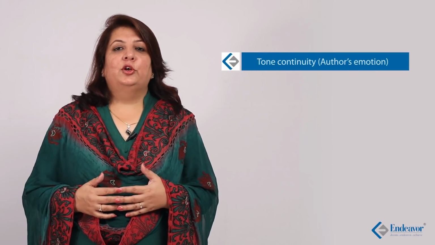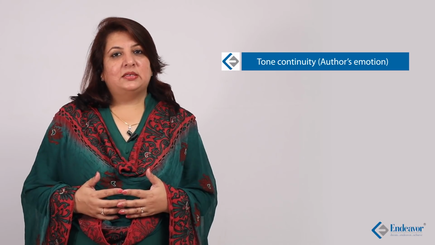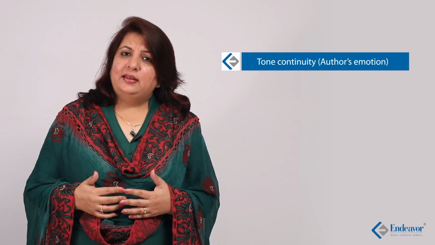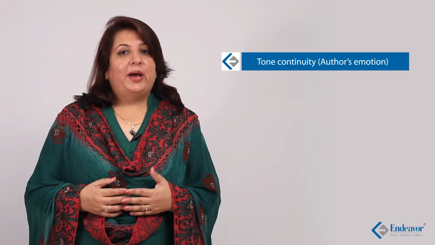This attitude or the emotion of the author towards the subject is known as the tone or the style of the passage. While creating links and rearranging the sentences in a parajumble, we need to keep in mind the tone of the parajumble as well. Let's practice this through an example.